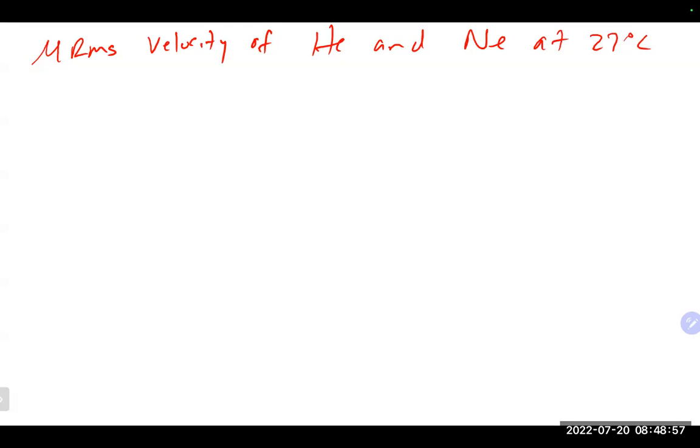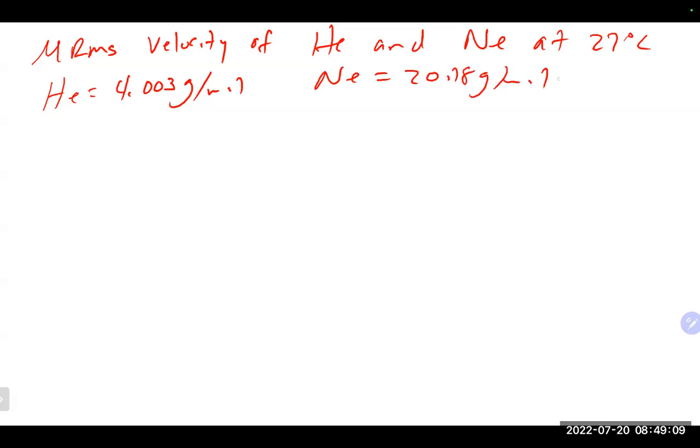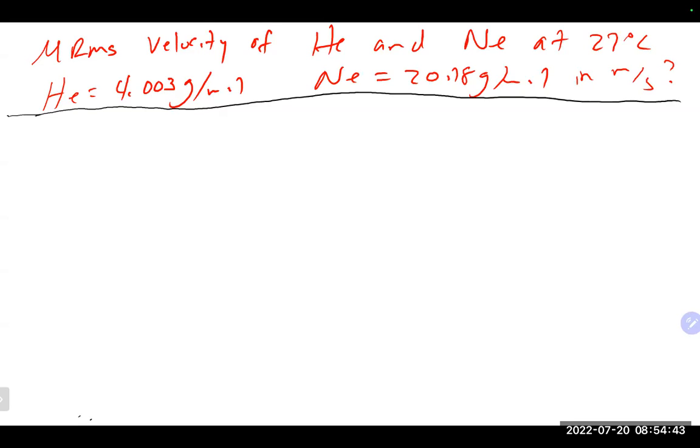Helium is 4.003 grams per mole, and neon is 20.18 grams per mole. So what is the root mean square velocity there in meters per second? All right, let's take a couple minutes, see what you come up with here. Okay, let's take a look.